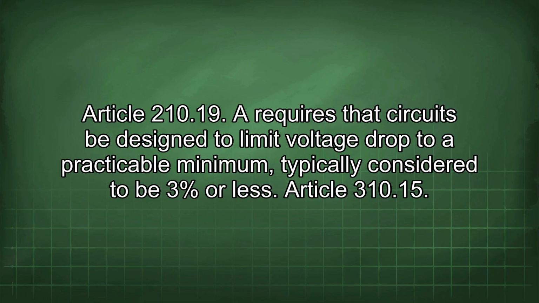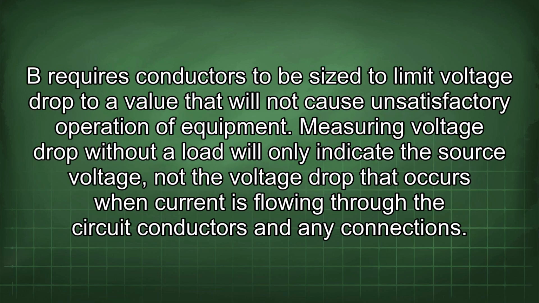Article 310.15(B) requires conductors to be sized to limit voltage drop to a value that will not cause unsatisfactory operation of equipment. Measuring voltage drop without a load will only indicate the source voltage, not the voltage drop that occurs when current is flowing through the circuit conductors and any connections.